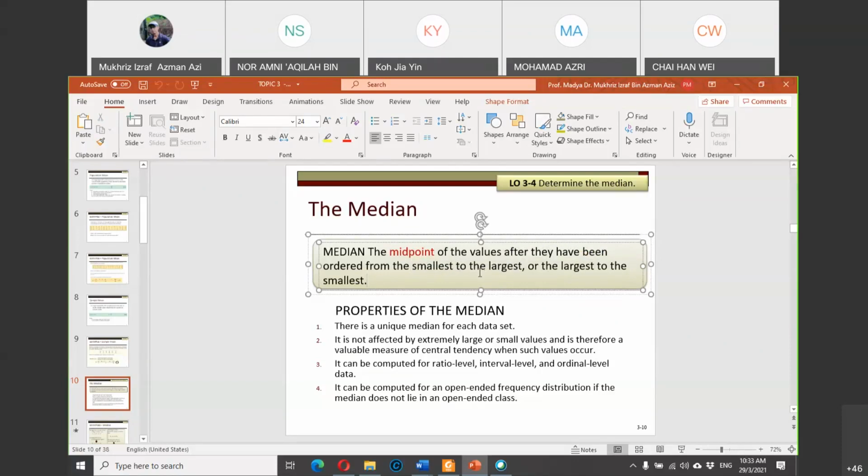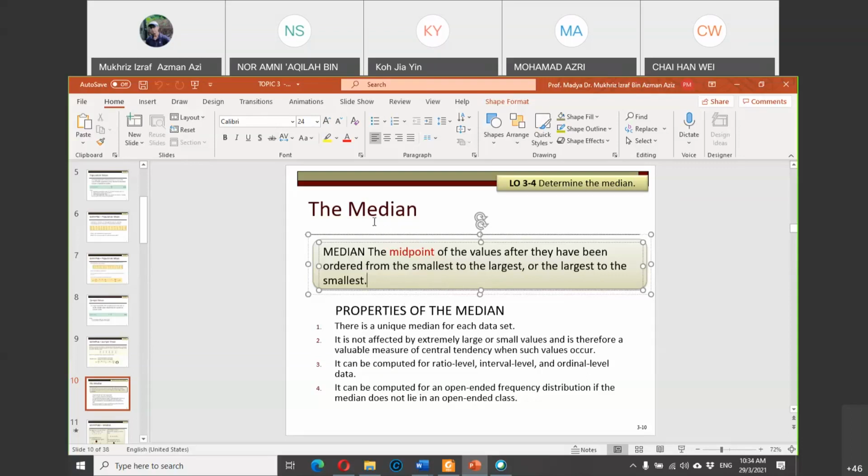If you recall when you were in kindergarten or primary school, whenever your teacher asked you to line up outside the class to go to the padang, the field, or the canteen, usually the teacher would sort the students from the shortest to the tallest. So the tallest is usually the last person, and the shortest student is the one in front.